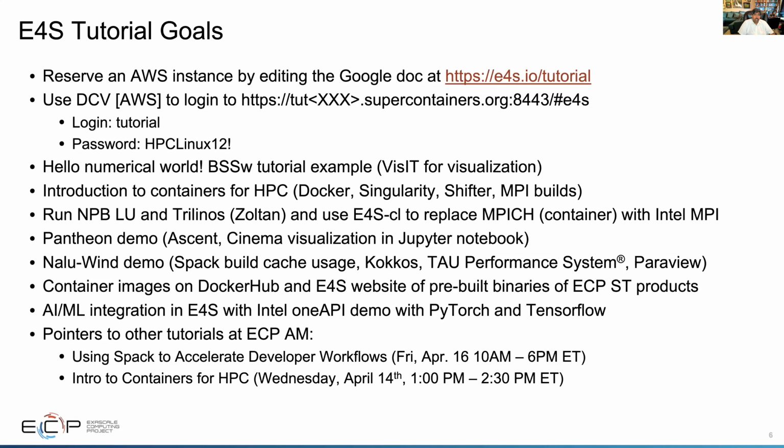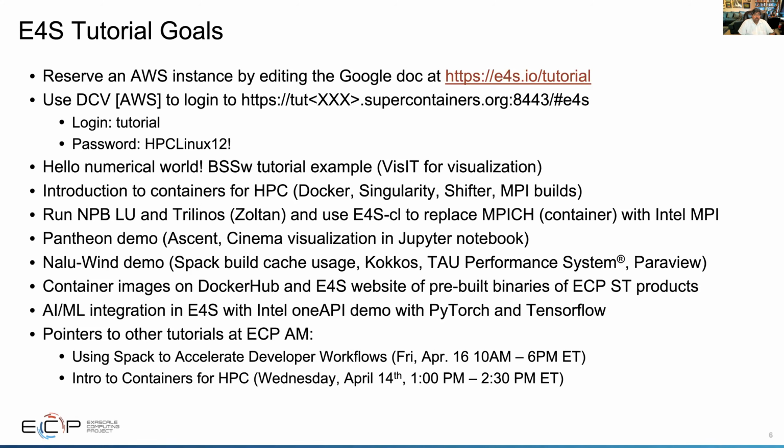We'll have a full build of a Trilinos application called Zoltan. And we'll actually use the E4S-CL tool to replace the MPICH in the container with the vendor Intel MPI on the AWS instance. Then we'll look at a Pantheon demo, which David Rogers will show, which will show Ascent.